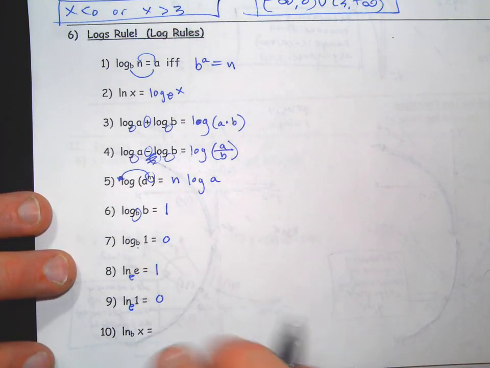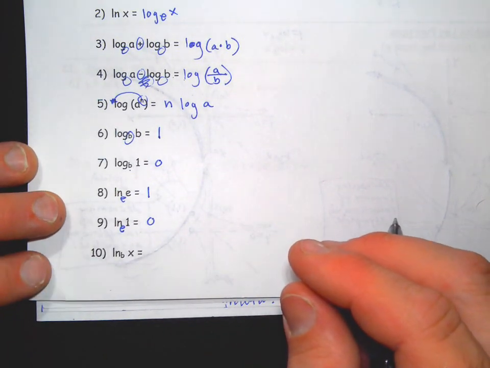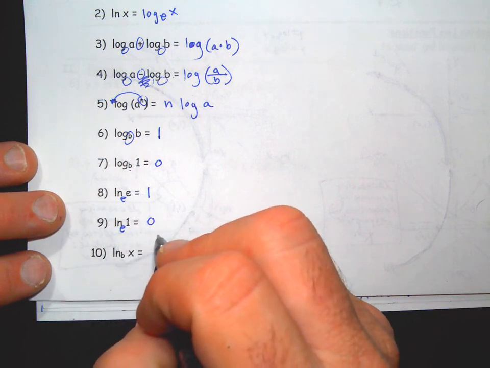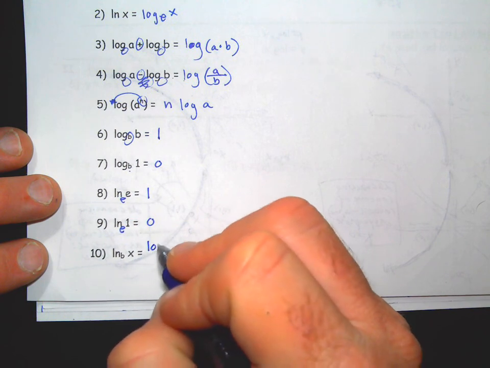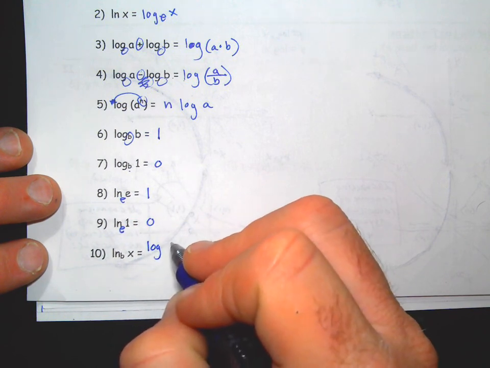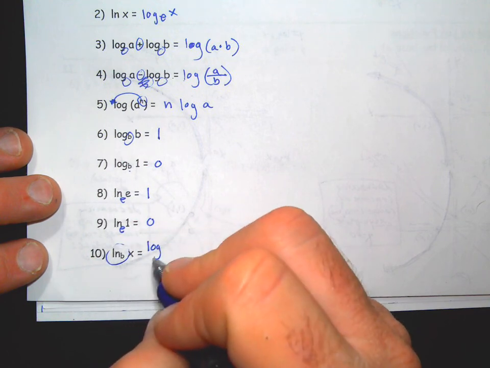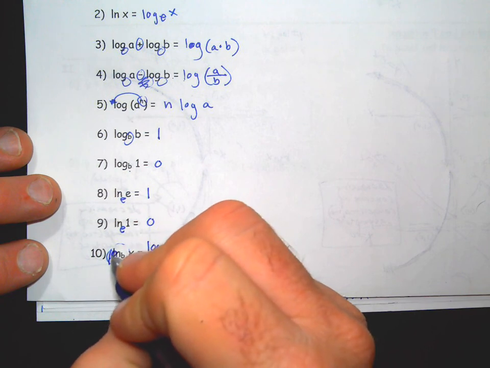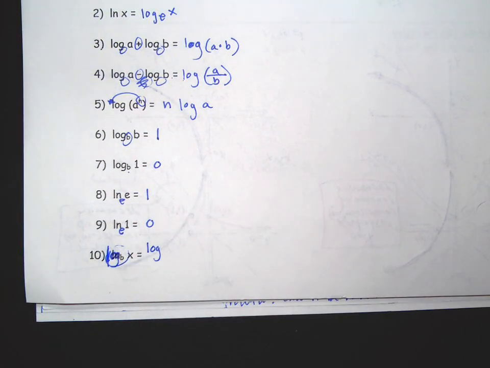And then there's this other rule that can help you with getting answers from your calculators. You have logs with different bases. You can change the base by saying, okay, well, this is a natural log, or it's a log base b.